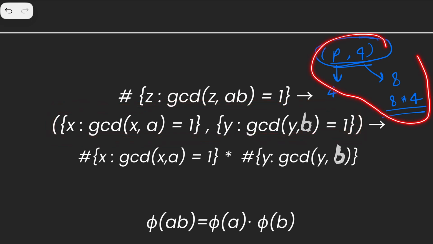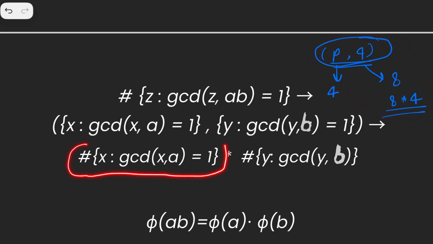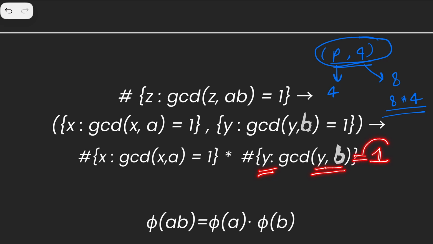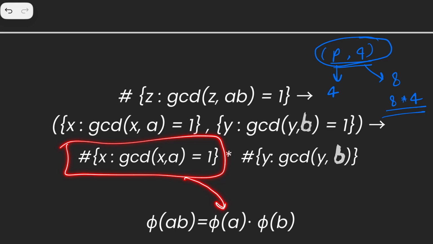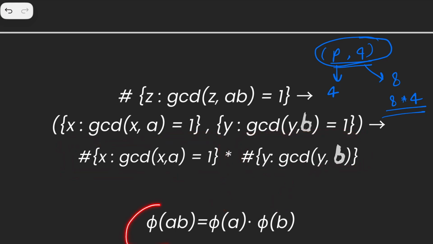So from this example that we saw, we can directly say it's a count of X such that GCD of X comma A is 1 into count of Y such that GCD of Y comma B is 1. Remember, this is phi of A and this is phi of B. So we started from phi of A into B and we arrived at phi of A into phi of B.